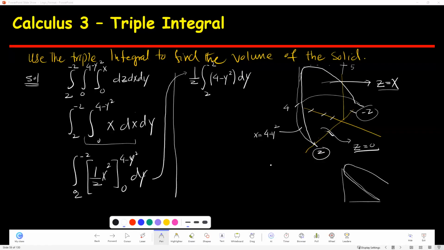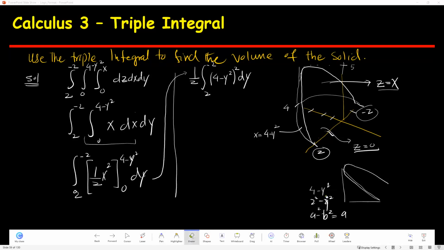Let's open this identity. I can write this 4 minus y squared as 2 squared minus y squared. So it's going to be the a squared minus b squared identity. For the square of a minus b, it's a squared minus 2ab plus b squared.